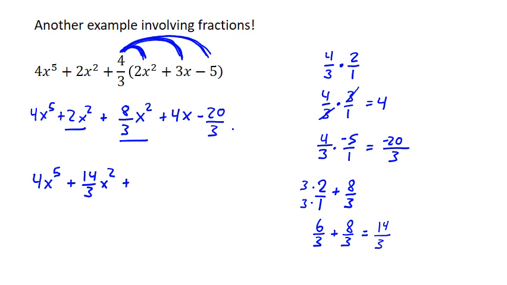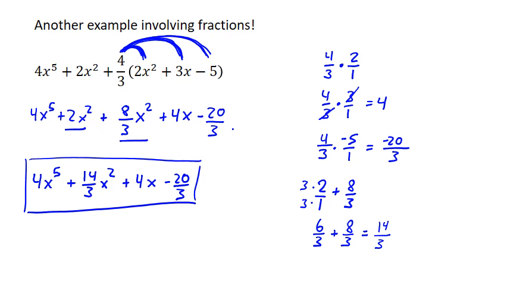And then I only have one x term, so it's just plus 4x, and then minus 20/3 at the very end. So there we go. There is our expression simplified. We took care of any distribution, and we combined like terms, being careful to multiply fractions and add and subtract fractions appropriately.